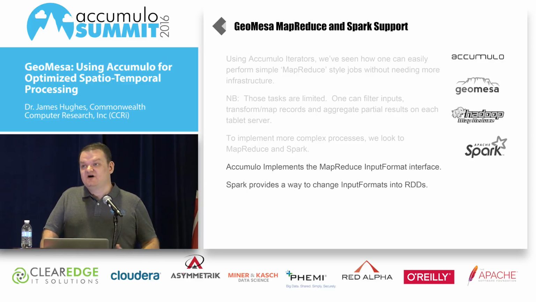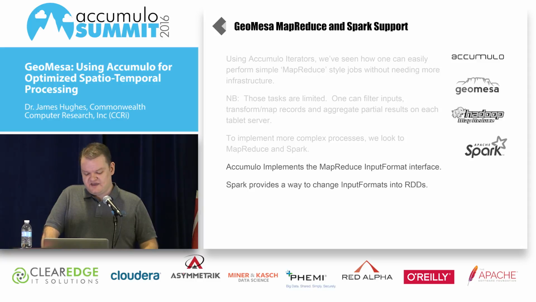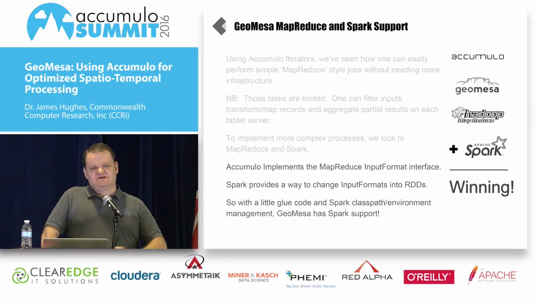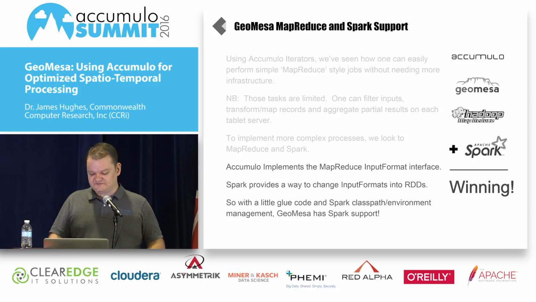If we want something more complex, we want MapReduce. Okay, Accumulo's got MapReduce input formats. We're off to the races. And Spark has a way that if you have an input format, you get an RDD. So if you go ahead and just have a little bit of glue code, and if you can manage your class path, you're great. You're off to the races.